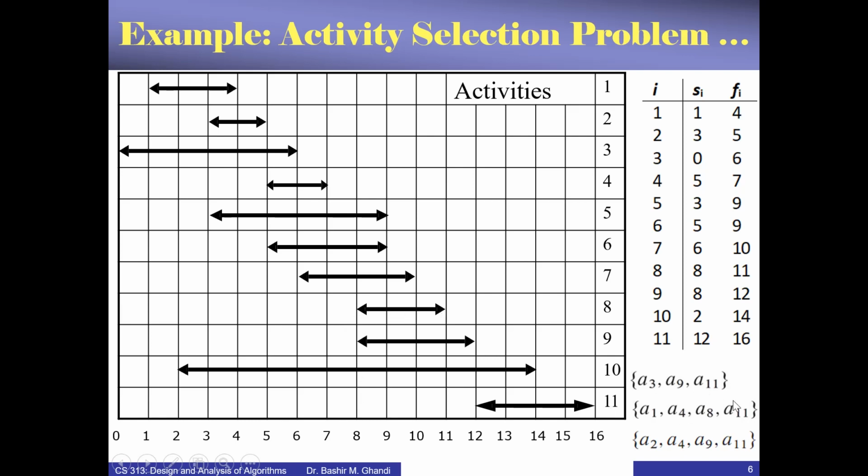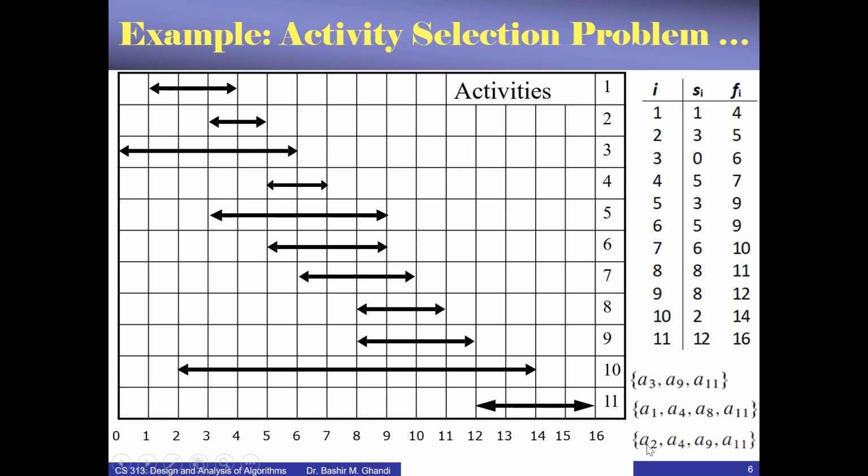And the last one is A11, which starts at 12. This one finishes at 11, this one starts at 12, until 16. So that gives you 4 activities that are mutually compatible. This is one of the optimal solutions.